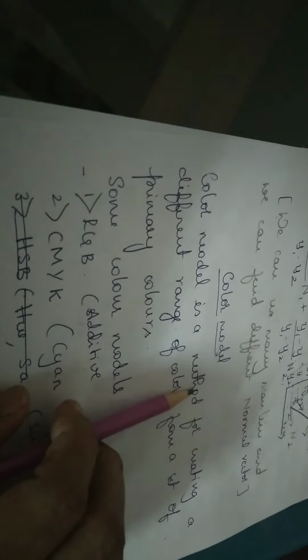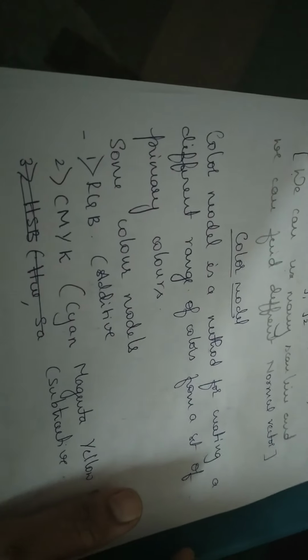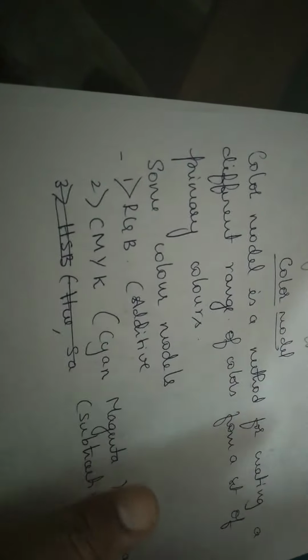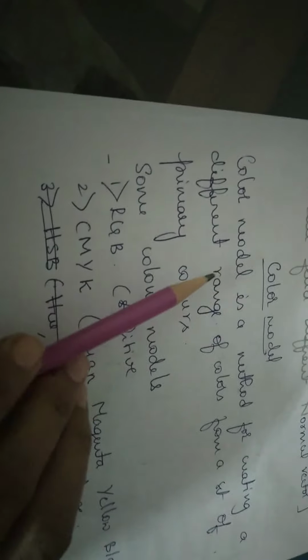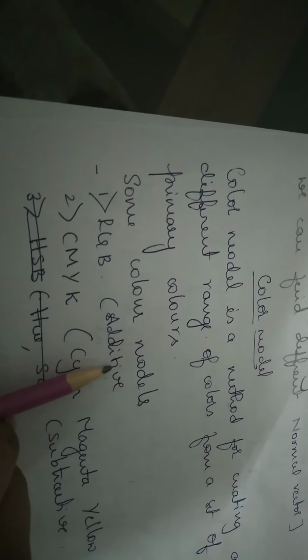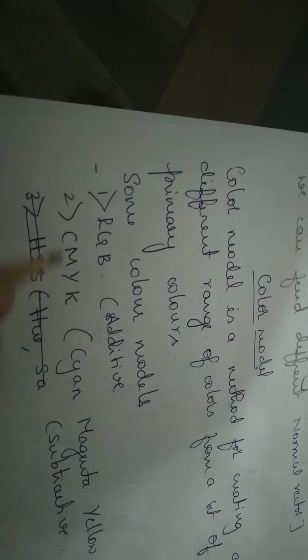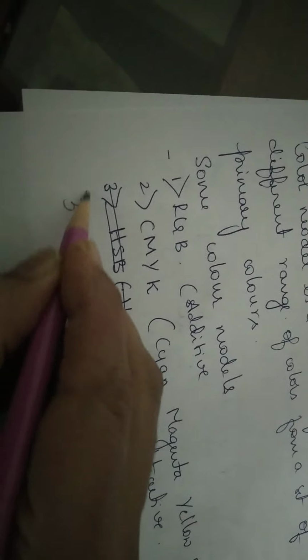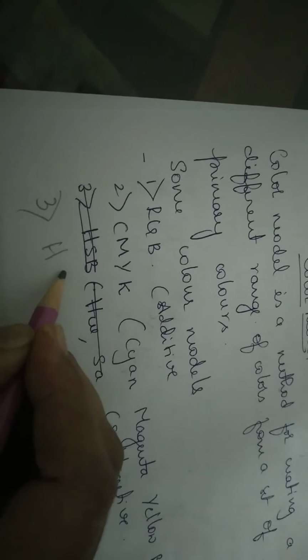The next topic which comes under the same unit is the color model. What do you mean by color model? A color model is a method for creating a whole range of colors from a set of primary colors. There are some different color models: the RGB color model, the CMYK model, and one more, the HSB model.